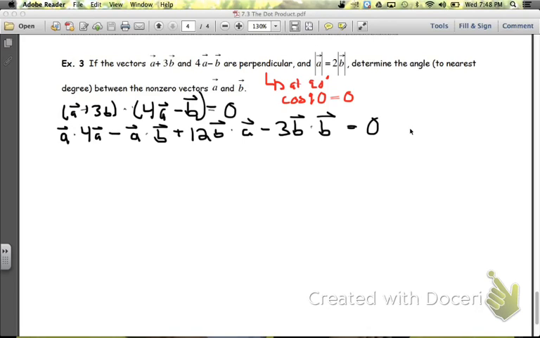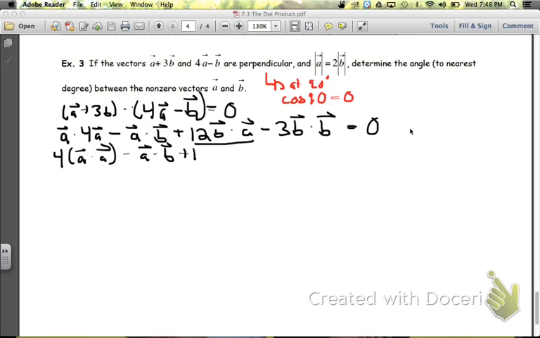Using a couple more of our other properties of dot products, if I just want to rearrange this, we have 4 times the dot product of A and A, and here we have the dot product between A and B. We can change this one here, our 12, the dot product between B and A, to having it as A and B. That comes from our commutative property.